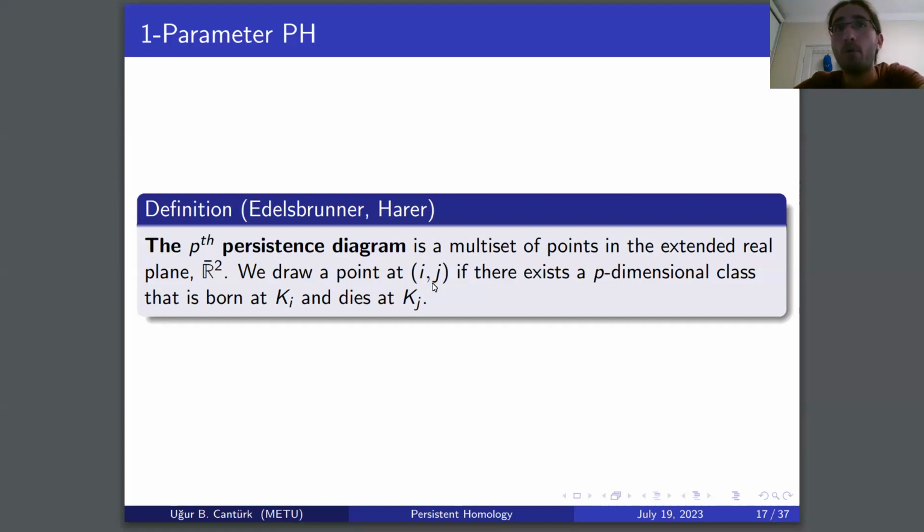As you can see, we draw a point at (i, j) if there exists a p-dimensional class that is born at k_i and dies at k_j. Born means it first appears, and dies means it merges with another one.